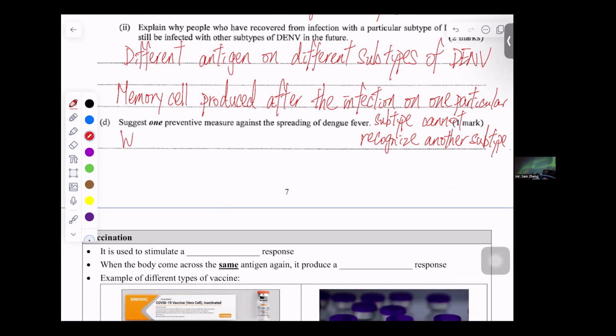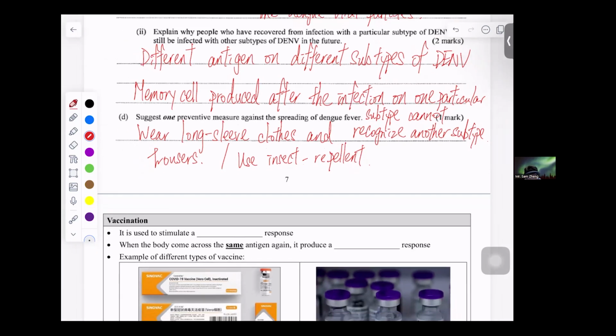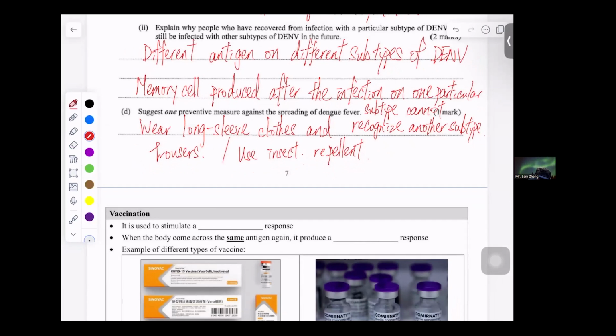Maybe wear some long-sleeved clothes and trousers, or maybe use insect repellent.